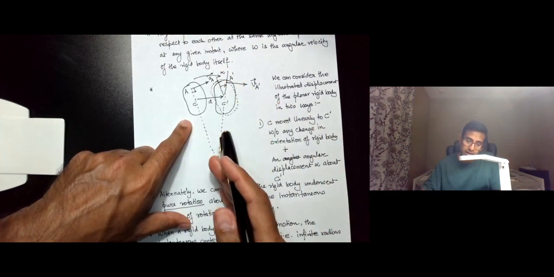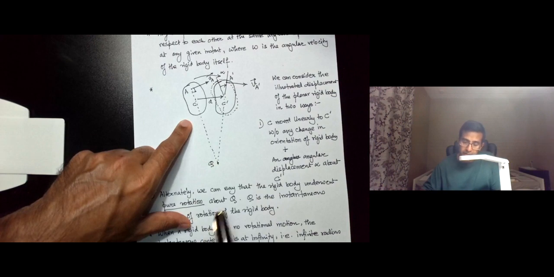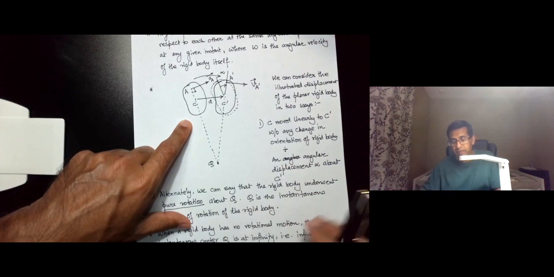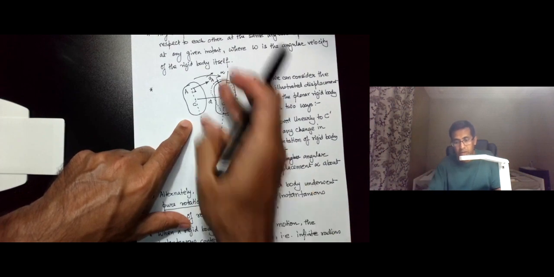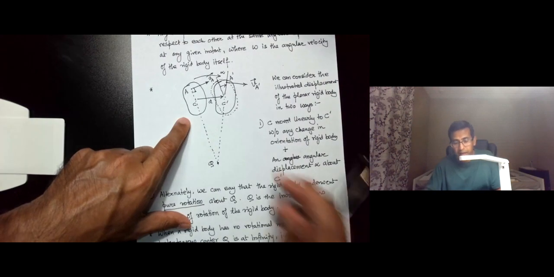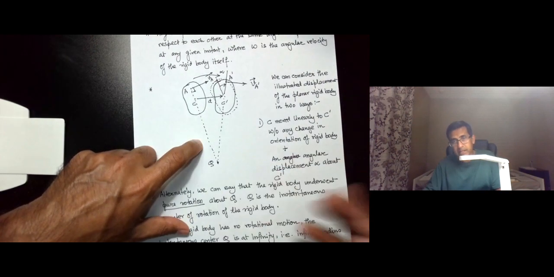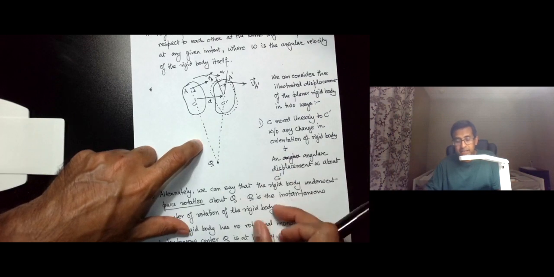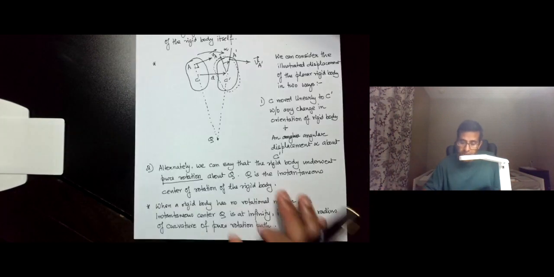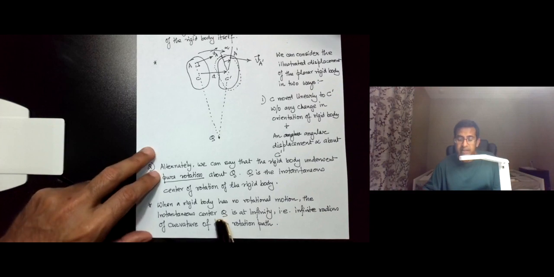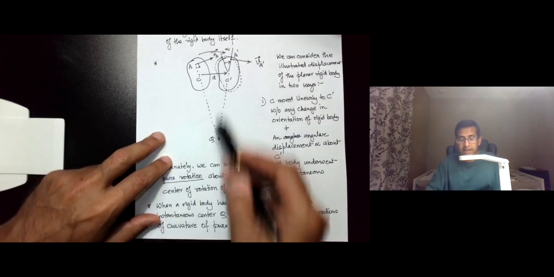So when you draw a line perpendicular to the velocity vector, and another line perpendicular to the new velocity vector after that infinitesimally small time, those two lines are going to be parallel. If they are parallel, their intersection is at infinity. That is what we mean when we say the instantaneous center is at infinity: these lines don't intersect anymore. So that's a corollary of this idea of pure rotation of a rigid body about an instantaneous center.